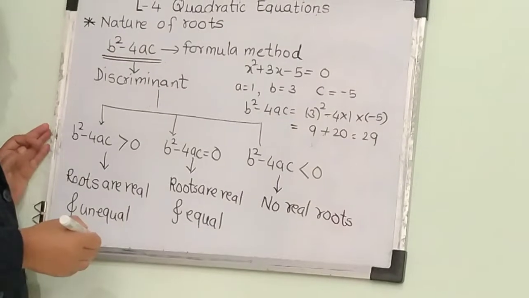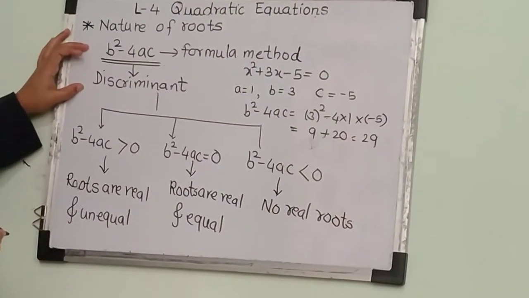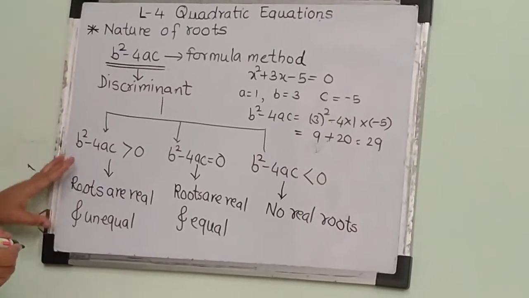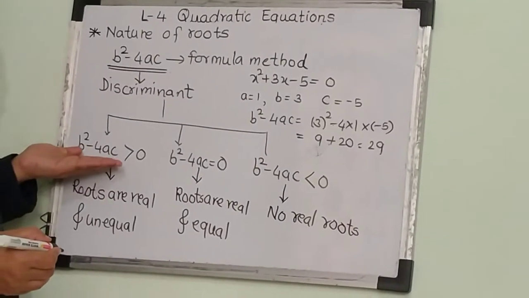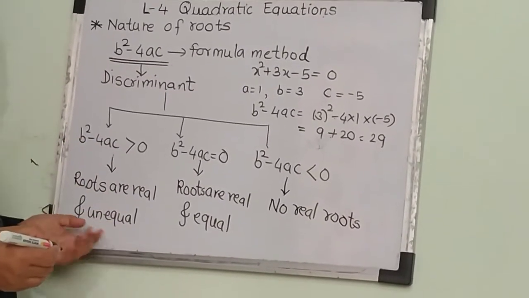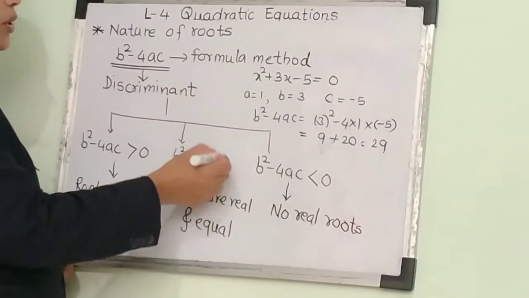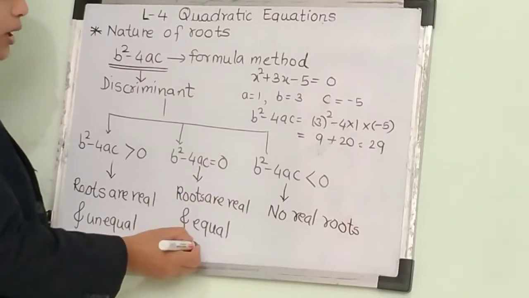So from the discriminant value, we get the nature of roots in three parts. When the discriminant's value is positive, the roots are real and unequal. When the value of discriminant is exactly 0, the roots are real and equal.